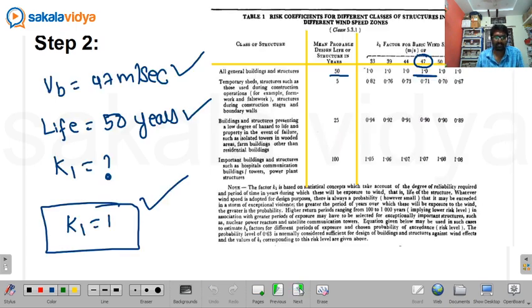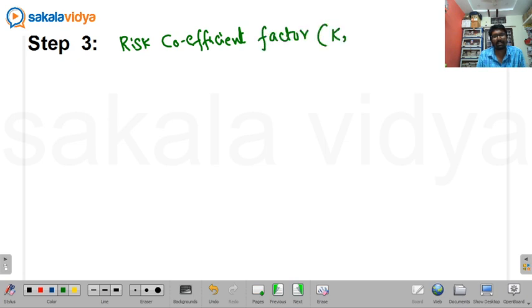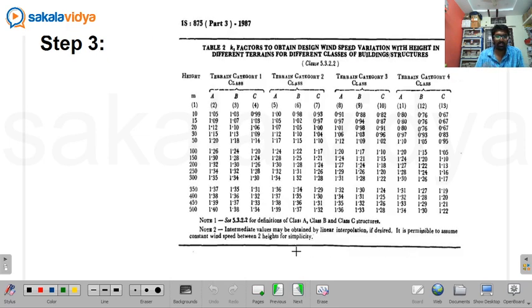Next, step 3, the risk coefficient factor K2. For that you have to refer to IS 875 part 3 table number 2, which is present in page number 12.